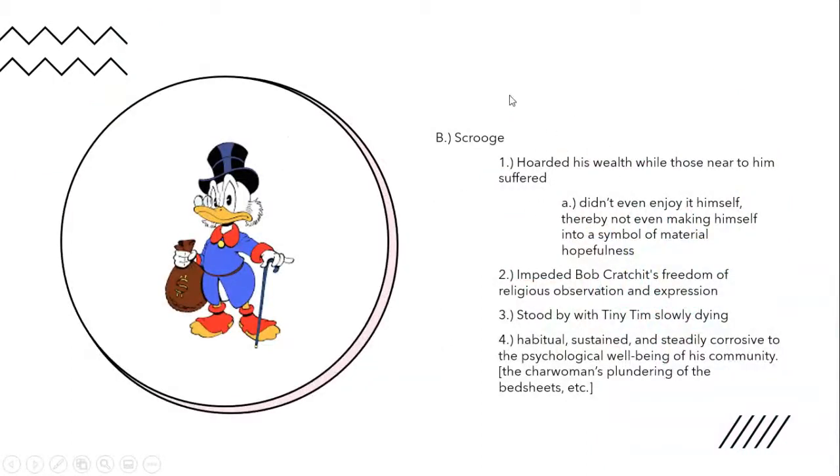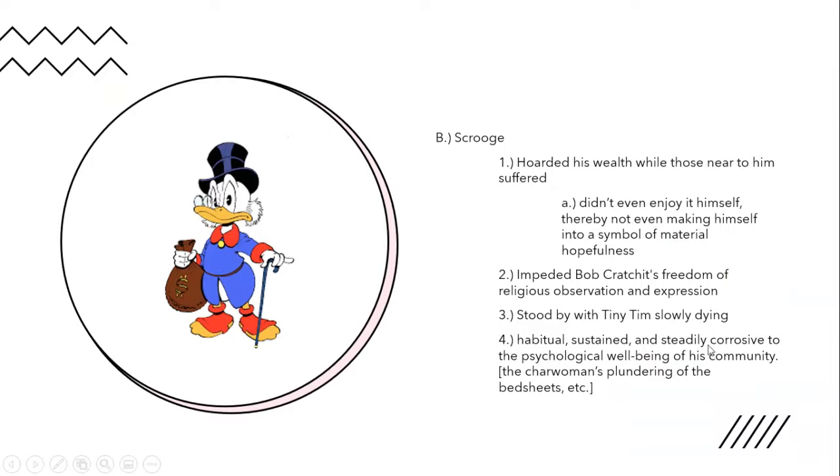And then, still on the topic of crimes, you talk about Scrooge, whose crimes involved hoarding his wealth while those near to him suffered. You might say he didn't even enjoy himself, thereby not even making himself into a symbol of material hopefulness. You might add another crime, that he impeded on Bob Cratchit's freedom of religious observation and expression.